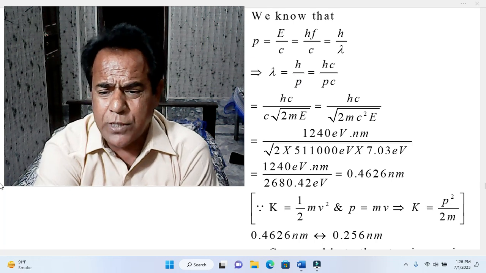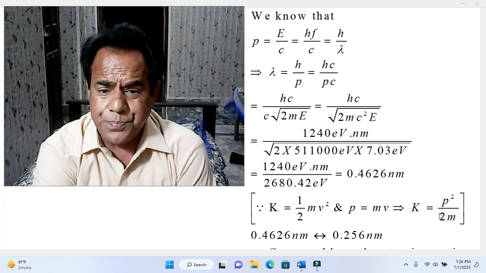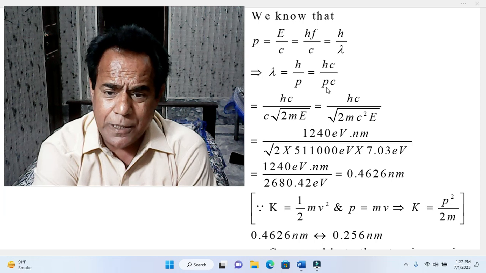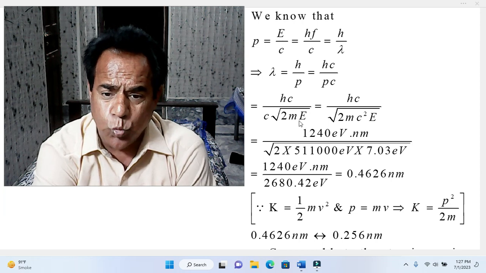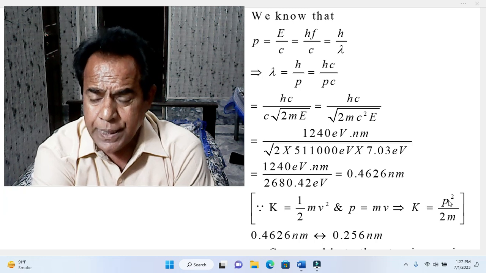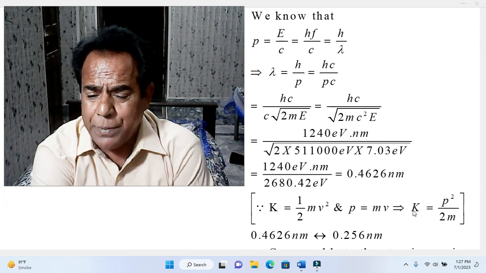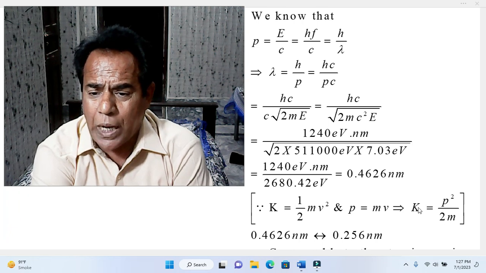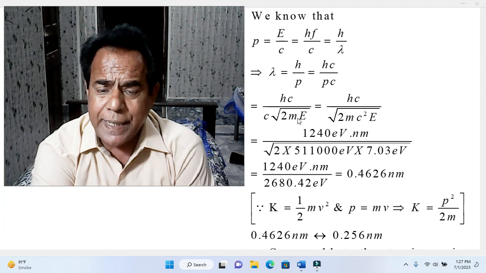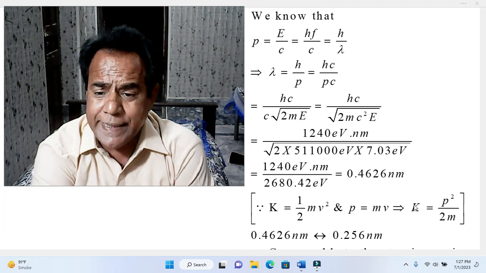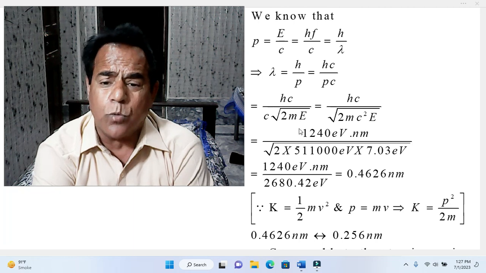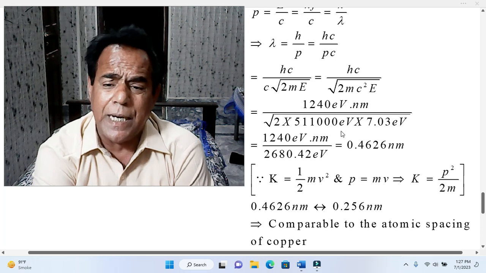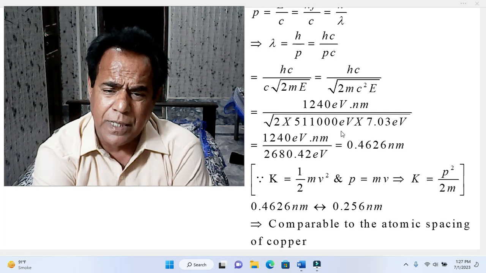From here we can understand why p has been replaced with the square root of 2mE. p square will be equal to 2mK, and p will be equal to the square root of 2mK. But here in this problem K is E, so the square root of 2mE. Nothing else needs explaining; everything is quite clear like crystal.